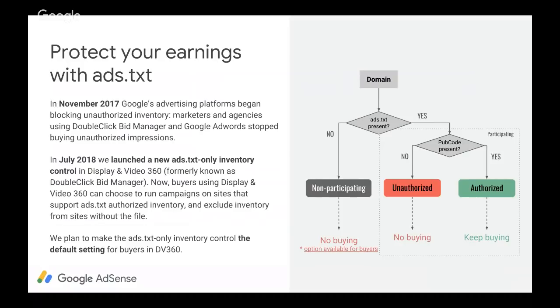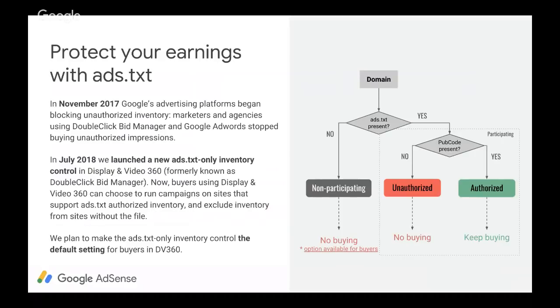Because Google has taken a strong stance as far as ads.txt is concerned, backing this initiative and encouraging both publishers and advertisers to adopt it and to use it in programmatic transactions. This means that from the early stages of the launch in November 2017, buyers, agencies, and marketers from Google's advertising platforms, back then known as Google AdWords and DoubleClick Bid Manager, stopped buying unauthorized impressions.